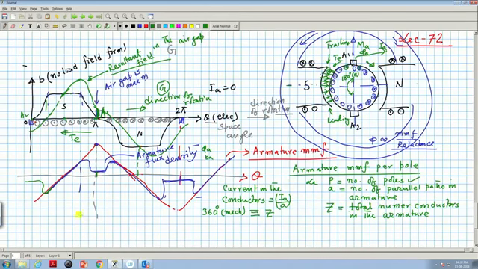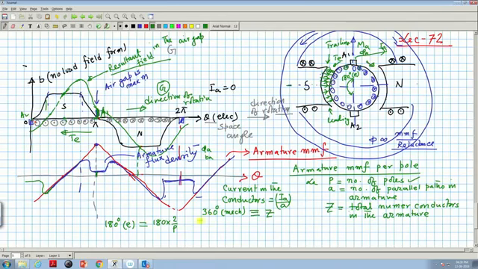So, 180 degree electrical is equivalent to 180 into 2 by P mechanical degree. I am just putting. So, over 360 degree mechanical, there are Z conductors.